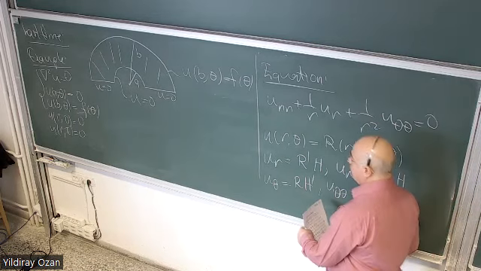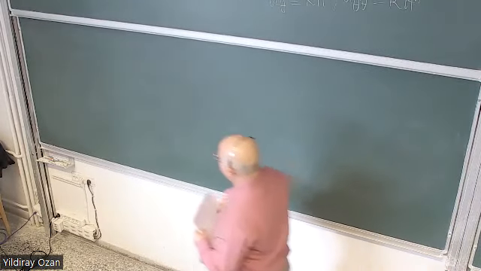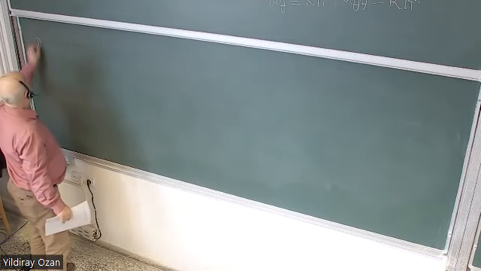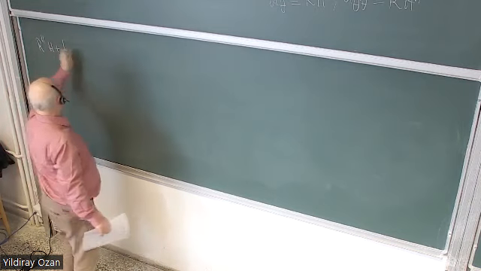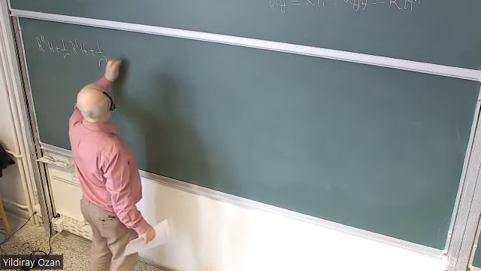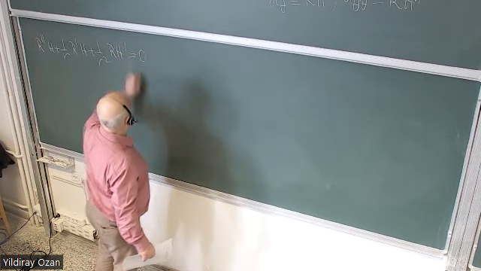We plug these into the equation and we get R double prime times H plus 1 over r times R prime H plus 1 over r squared R H double prime equals 0.